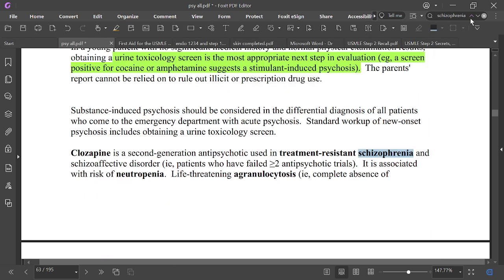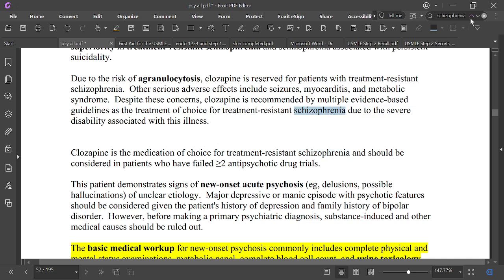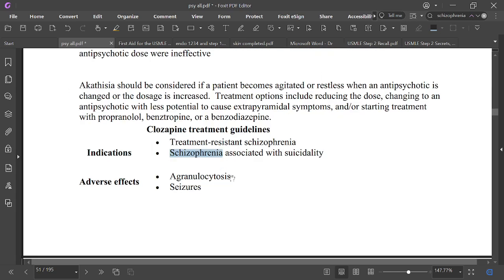This is a very high yield topic, so I'm taking time to explain. In schizophrenia, we know the drug of choice is atypical antipsychotic.